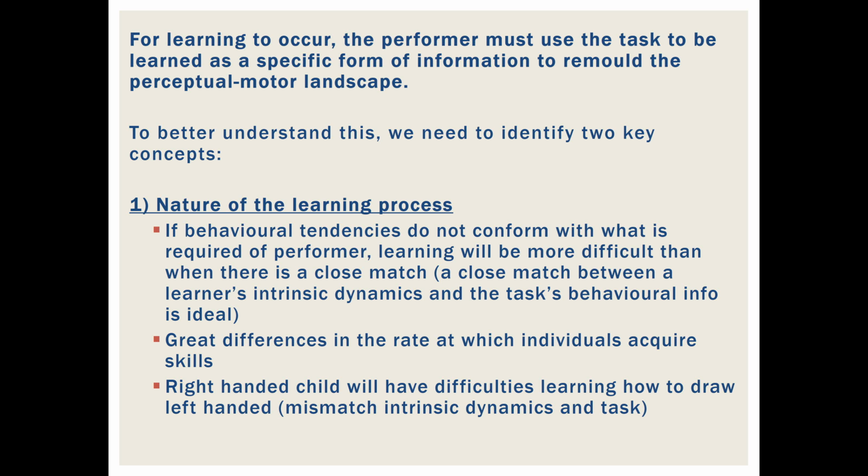And what that means is, for example, if we are going to try and instruct a young child how to write with a pen, and that person is right-handed, then learning how to write with the right hand is going to be much easier, obviously, than learning how to write with the left hand. And that shows you that task dynamics, the writing with the right hand, have to match intrinsic dynamics, someone's right-handedness.